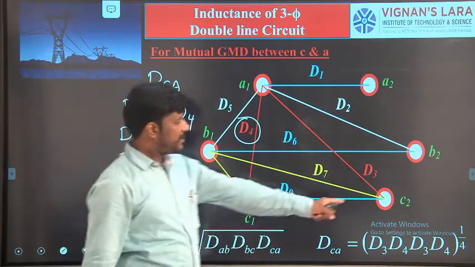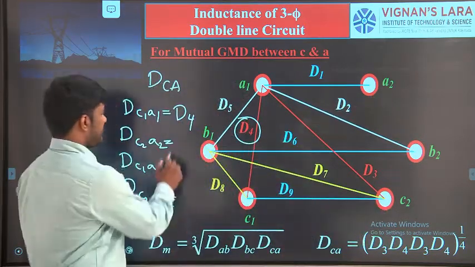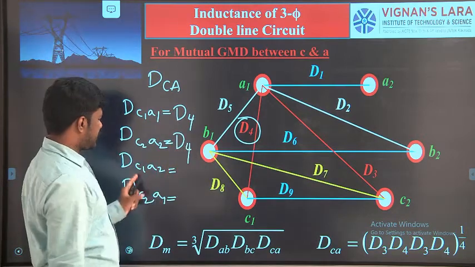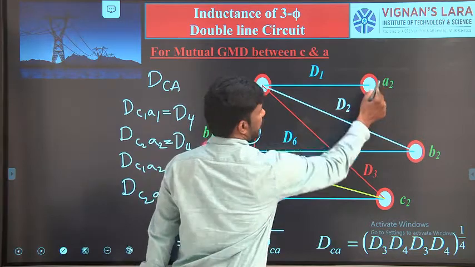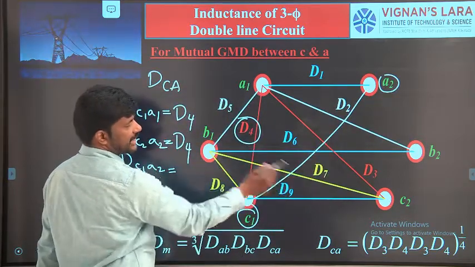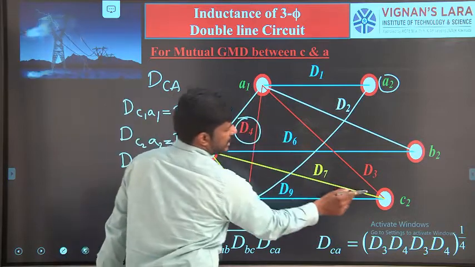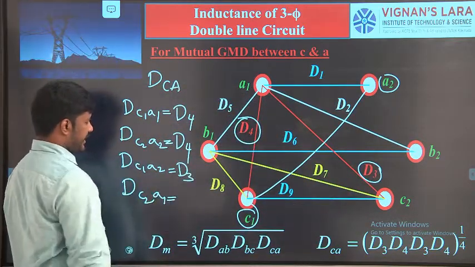C2 A2: this is C2 and A2, from position 1 to 3. Yes, the same distance D4. Next, C1 A2. This is C1 and this is A2. The distance between these two is nothing but the corner distance. The corner distance you have identified as D3. The same D3 you can write here.